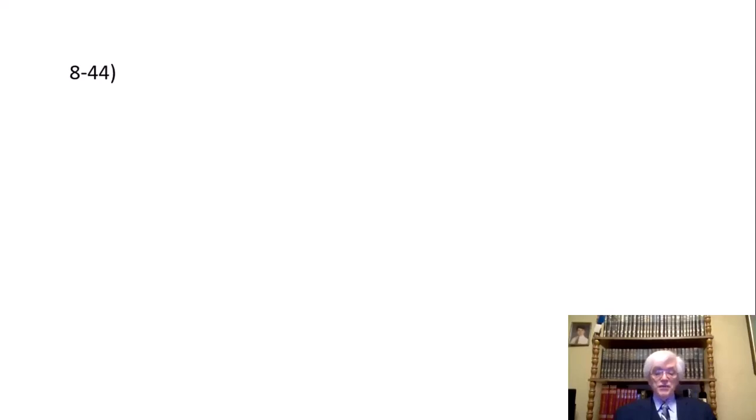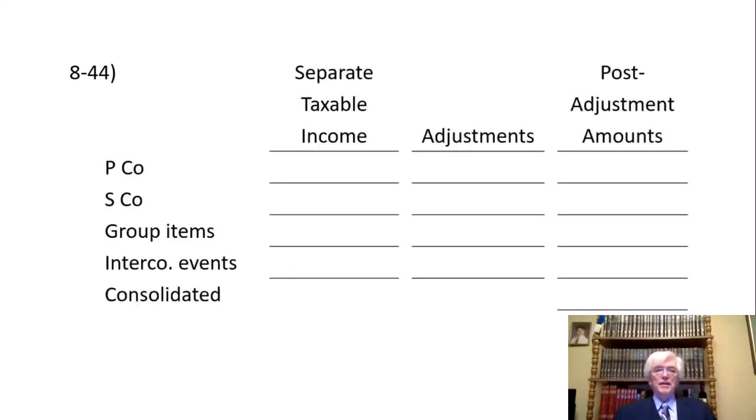And then use the framework from Exhibit 8.3, pull out the group items and the intercompany items, then apply those adjustments to the separate income, and then analyze the intercompany items, then analyze the group items and the basis of your total consolidated taxable income to date, and that will give you your overall consolidated taxable income. So here we go.